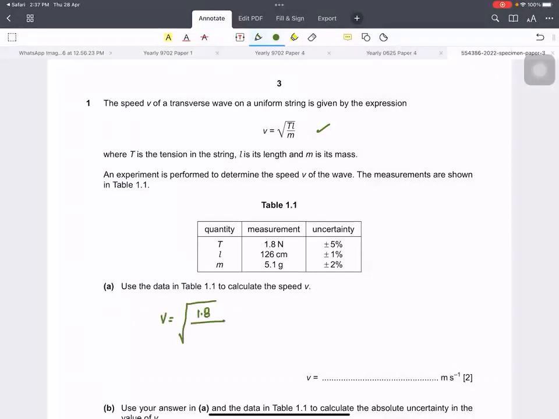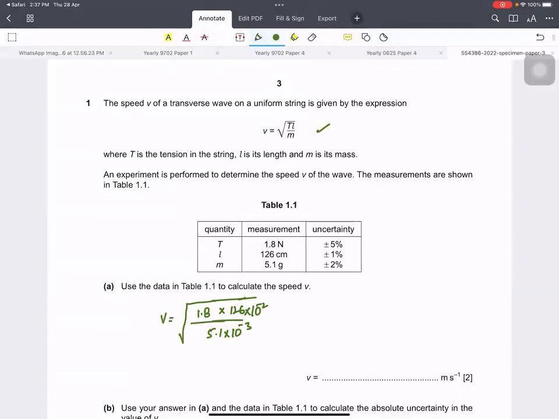1.8. Length is 126 times 10 raised to minus 2. Make sure you change it. And M is 5.1 times 10 raised to minus 3, because you want everything to be in SI units. Remember that?